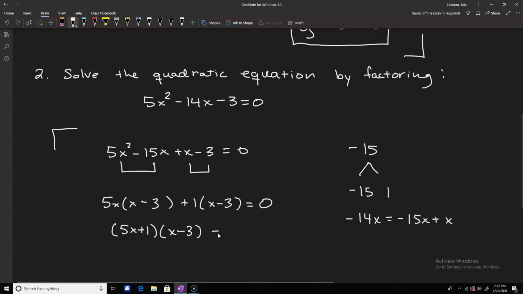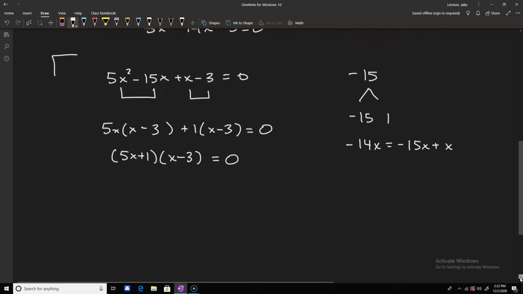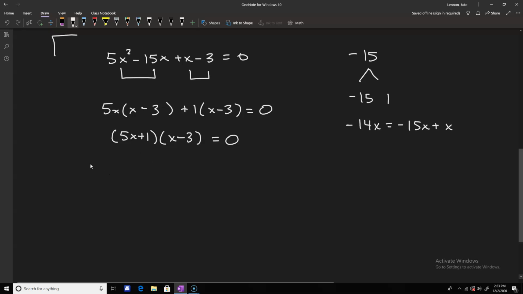And both of those things are being multiplied with each other. So by the zero product principle, that means that one of those two parenthetical quantities must be 0. So we can say, either 5x plus 1 equals 0, or x minus 3 equals 0. And we can solve each of these remaining linear equations to find the two answers.